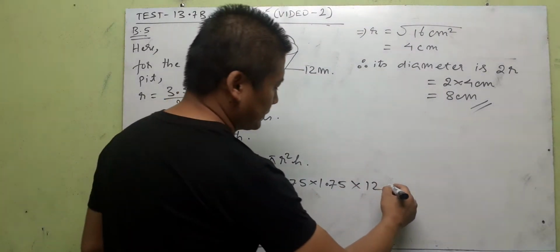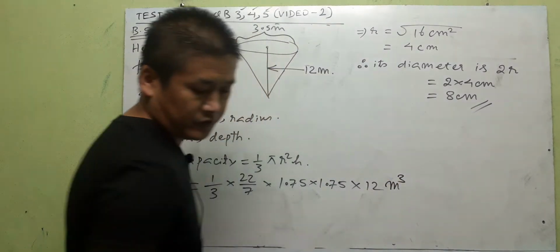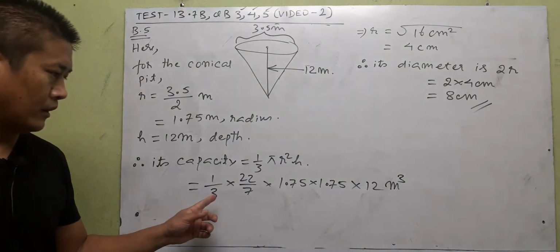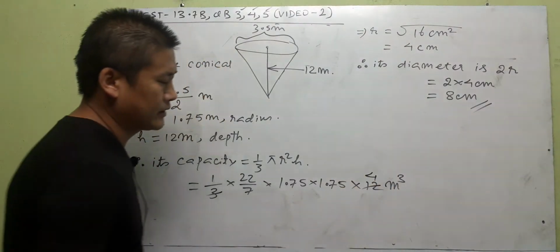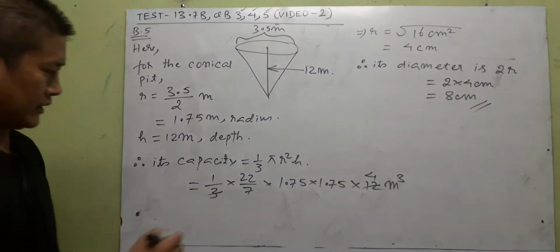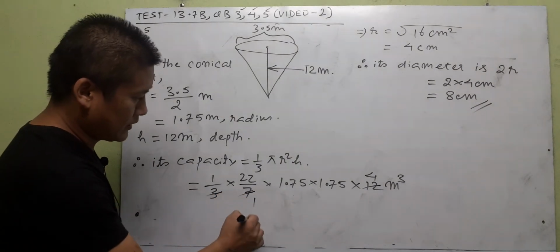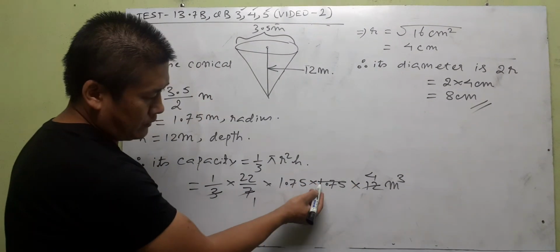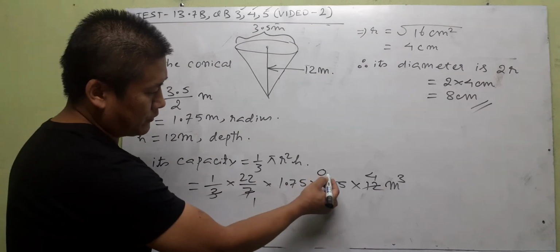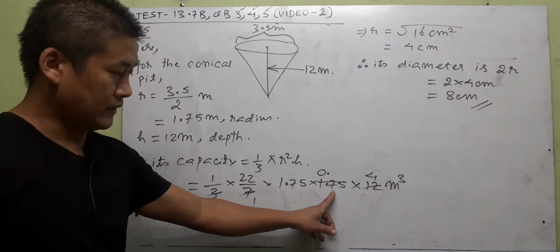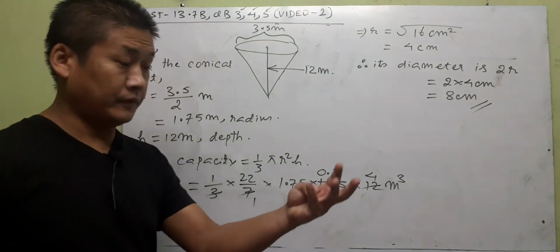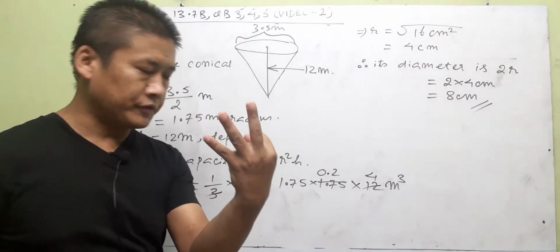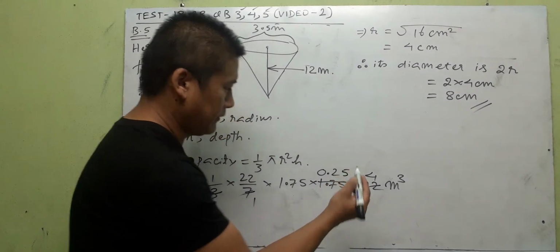So volume is 3-dimensional, so meter cube. I hope you're getting it, right? 3 ones are 3, 3 fours are 12. We may just cancel it like that. And here 7 is going, so 7 ones are 7. Then 1 is lesser than 7, so we put a 0 first, point. Then only 17, the 2 will combine. 7 twos are 14, 15, 16, 17, 3 in hand, 35, 5.